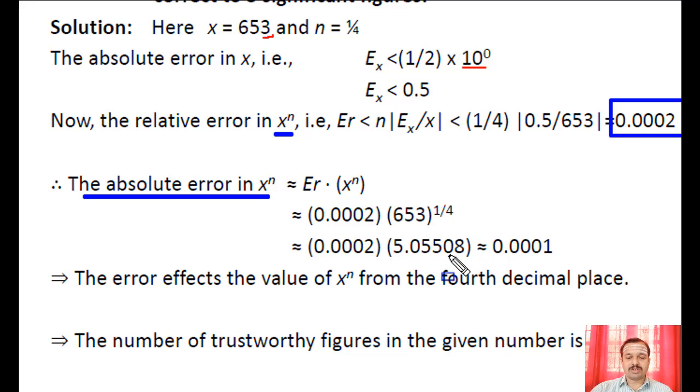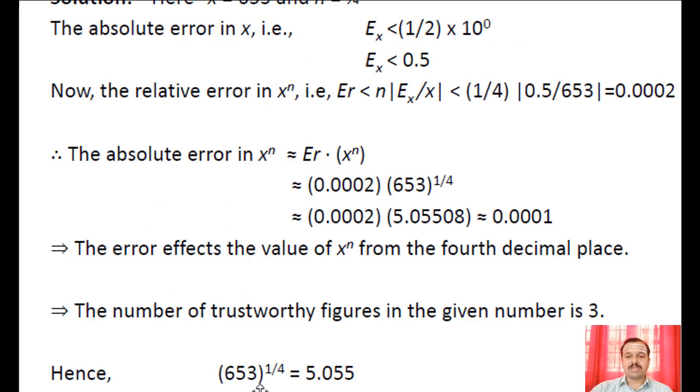So we will not be considering these digits. We will consider only 3 decimal places, and hence the final answer of the given number will be written as 5.055.